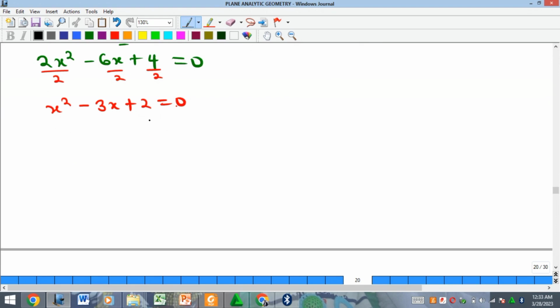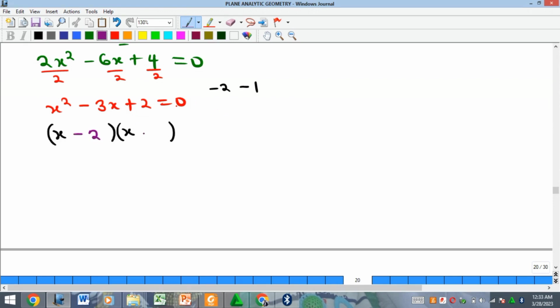From what we have here, we can now solve the quadratic to get our x. By factorization, the factors are going to be negative 2 and negative 1. You recall the easy approach I taught earlier: open two brackets, put your x, since the coefficient is 1, and then just attach those constants that you got.